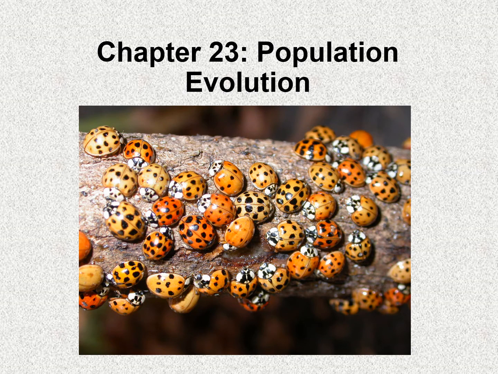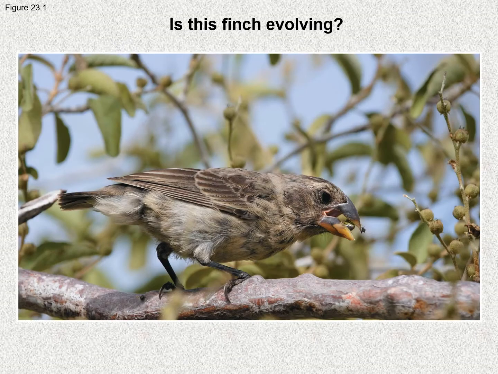We're going to talk about chapter 23, just really population evolution in general. So let's go ahead and move on. Now, your chapter kind of opens up with this finch. And the point is, just looking at that finch, can you tell whether it is evolving or not?